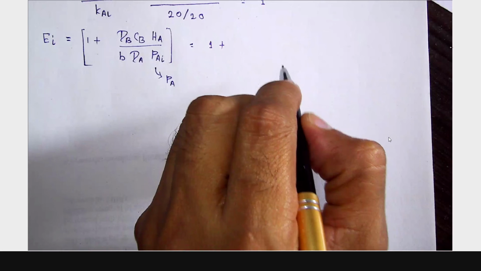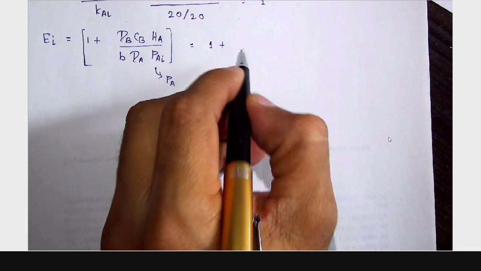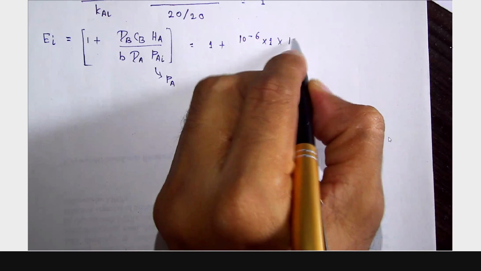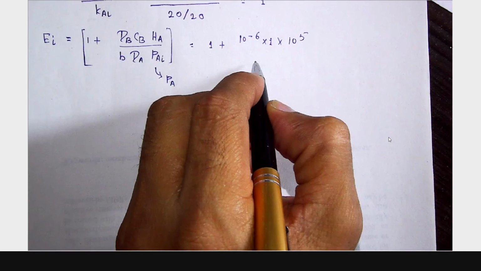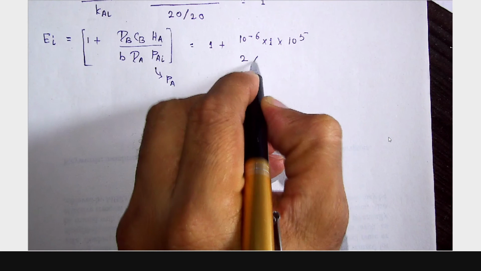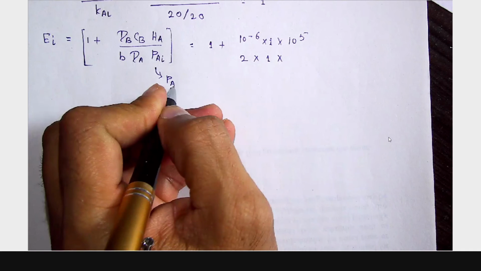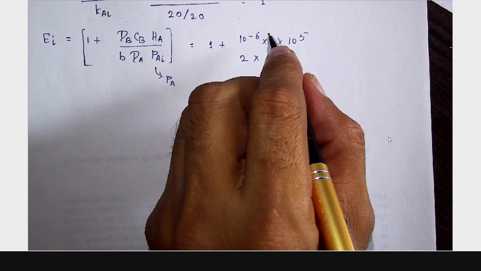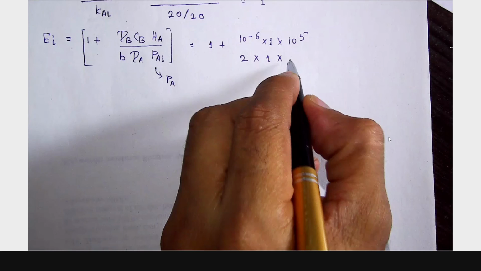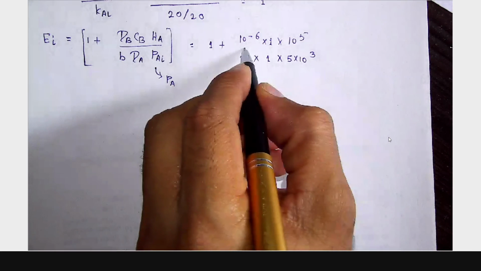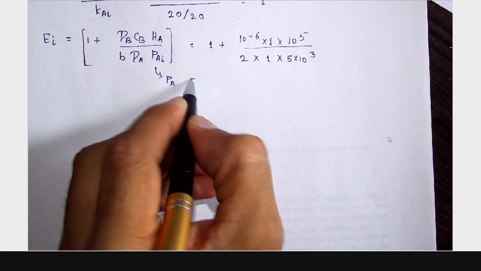DB is 10 to the power minus 6, CB is 1, HA is 10 to the power 5, and DA is also 1. As a first guess we take PI equal to PA, and the PA value is 5 into 10 to the power 3.